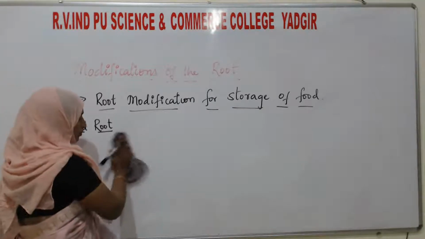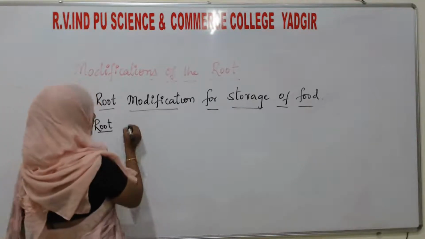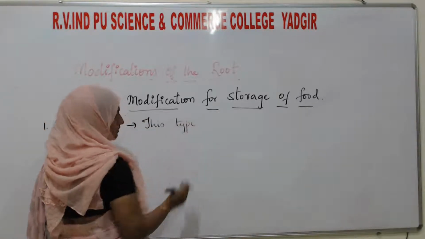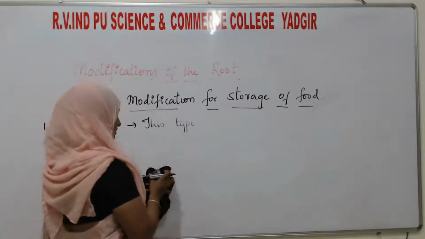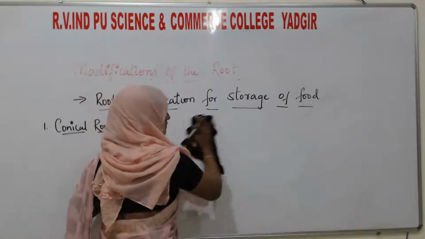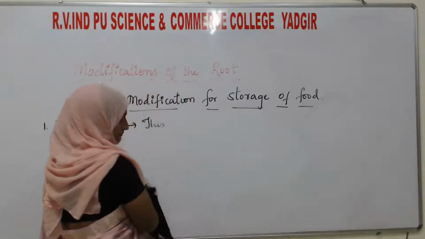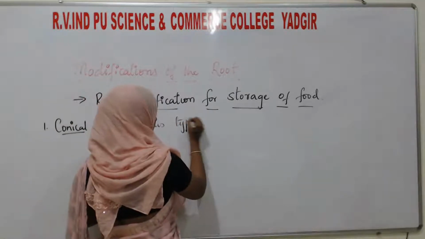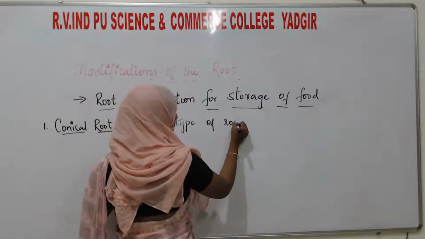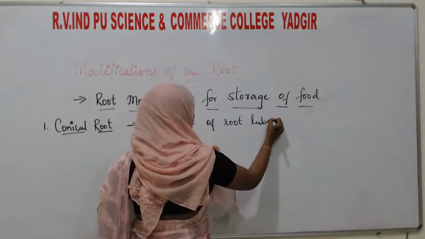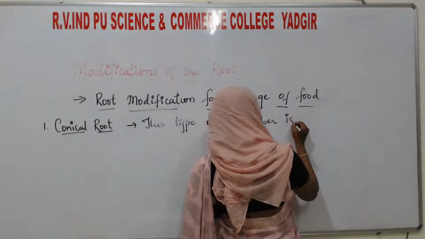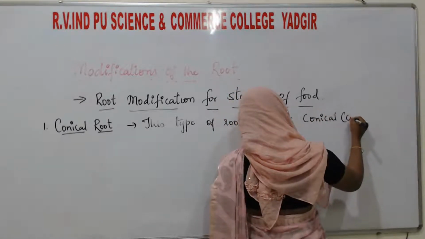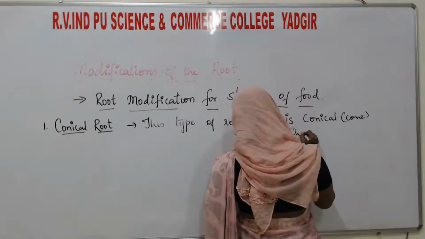This type of root tuber is conical in shape. Conical means a cone shape.